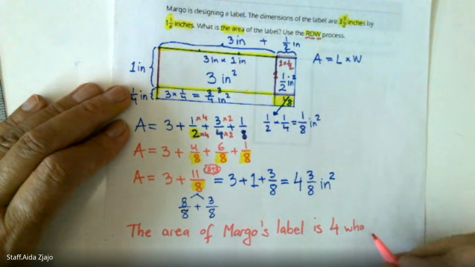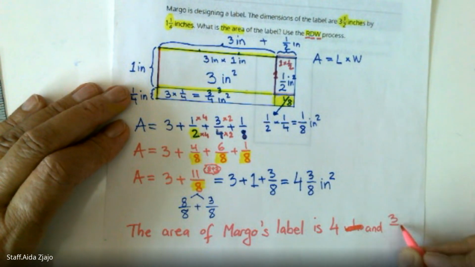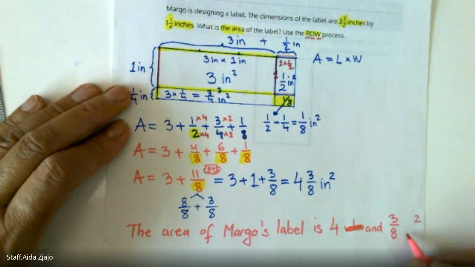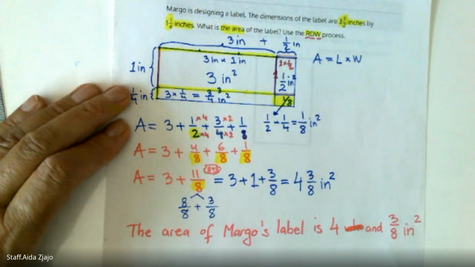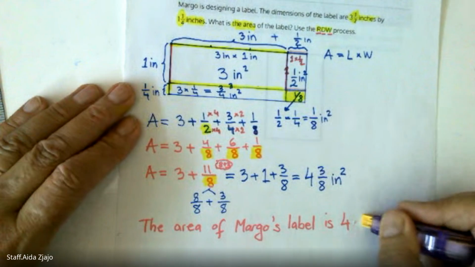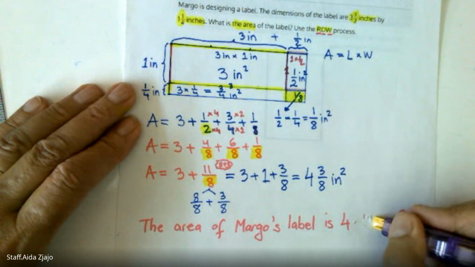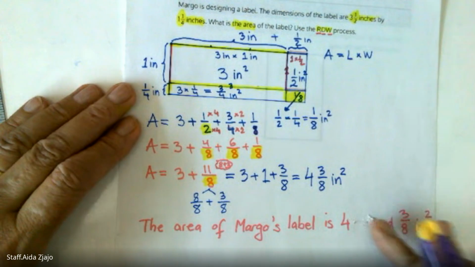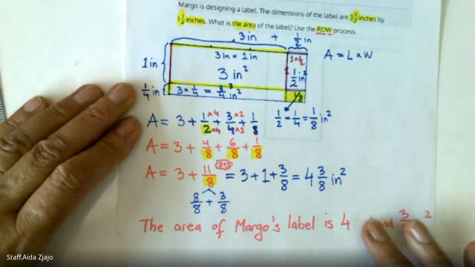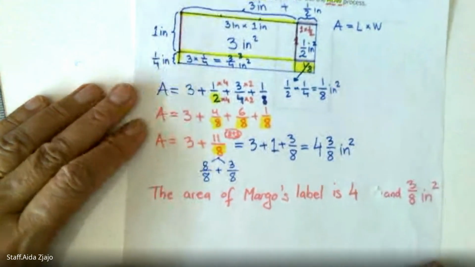I'll just change that into 4 and 3 eighths square inches. Square inches. Okay, guys, I will change this into looking nice. All right, that's it. 4 and 3 eighths square inches.